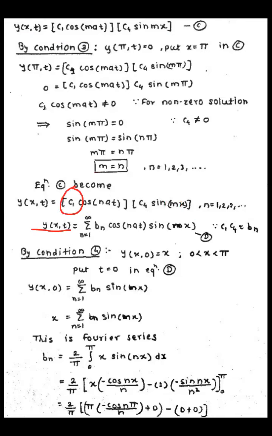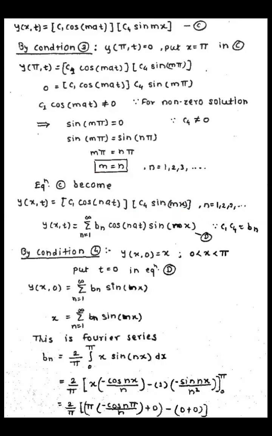Now C1 and C4 are constants, so the product of two constants is again a constant. So instead of writing C1 C4, write just Bn to indicate a constant value, with cos(nat) and sin(nx) after replacing m by n. So this is a new solution. Call this equation D.